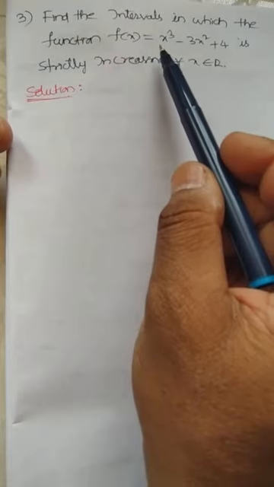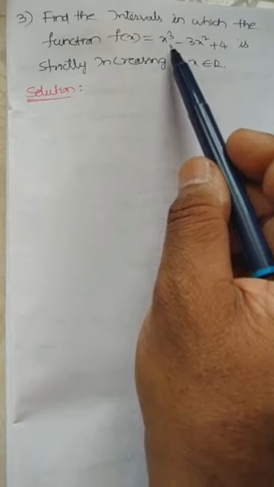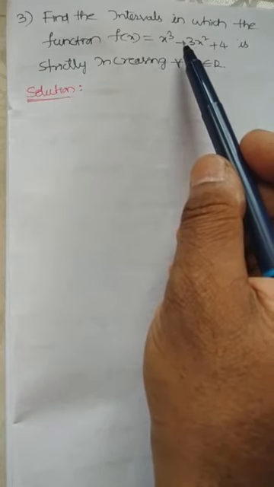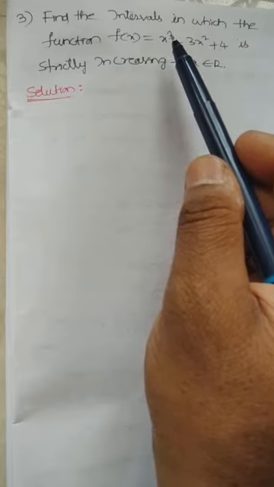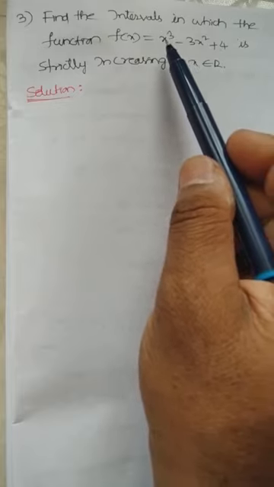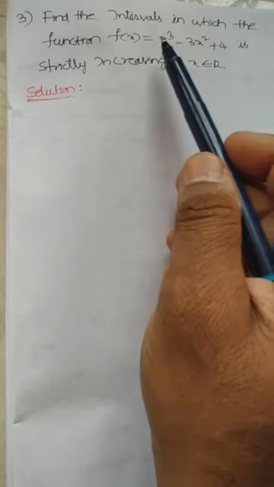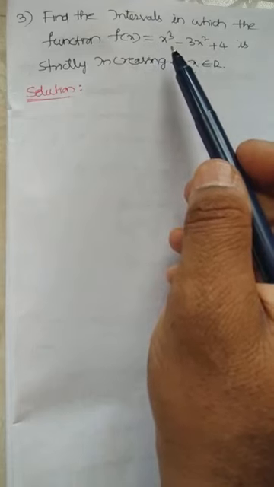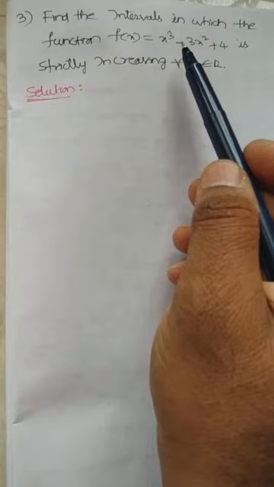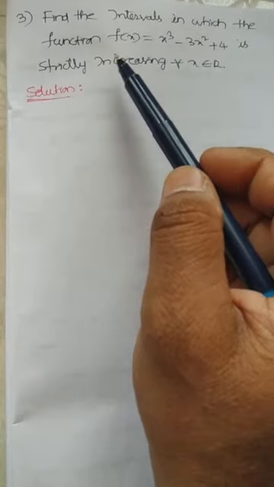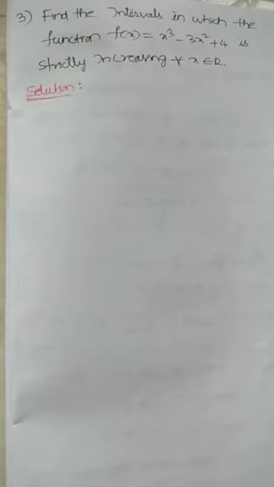A similar function, x cube minus 3x square, we have done before, where we found the decreasing and increasing intervals. Now there is a change with plus 4. So f of x is x cube minus 3x square plus 4, and we have to find the interval in which this function is strictly increasing.